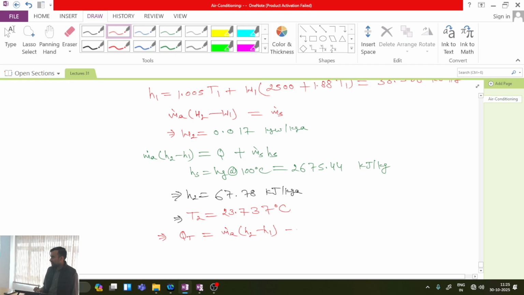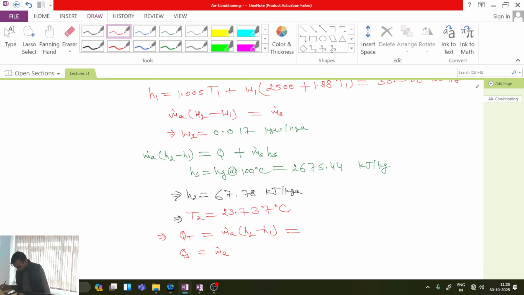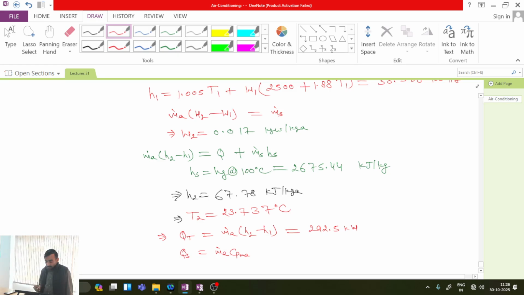H2 minus H1, tell me how much it is. 292.5 kilowatt. Yeah, correct. What will be the sensible load?